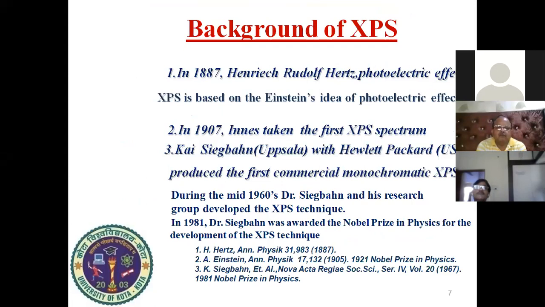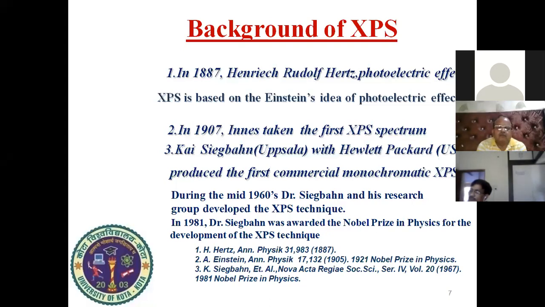Now I would like to begin with the introduction of the XPS technique. It evolved with the discovery of the photoelectric effect in 1887, when Heinrich Rudolf Hertz discovered it. Obviously, XPS is also based on Einstein's idea of the photoelectric effect.